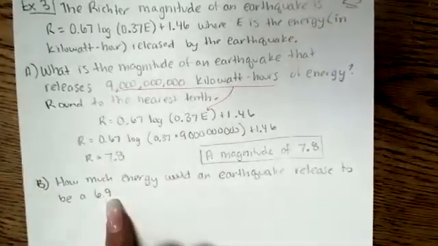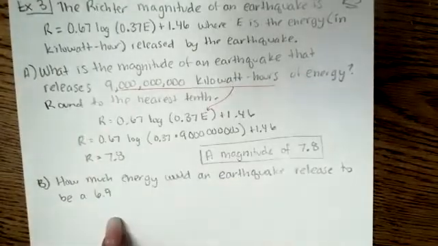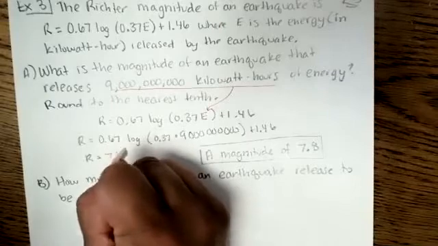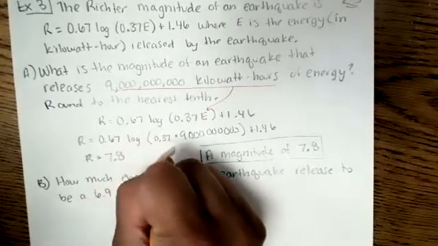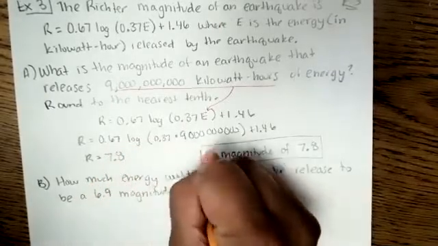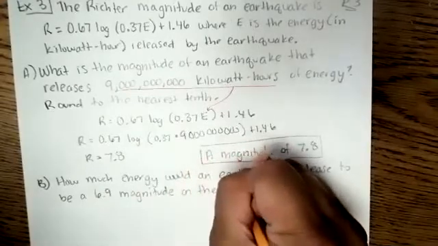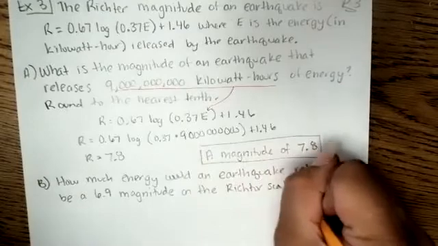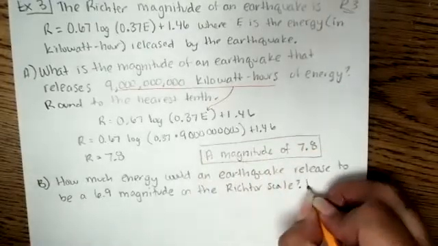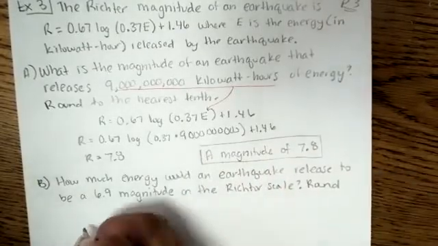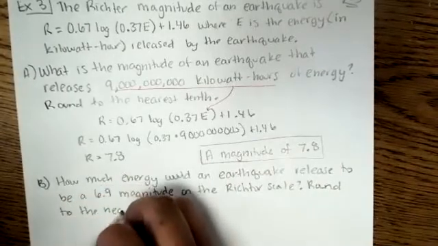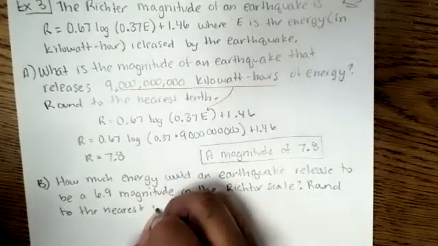So now I'm giving you what the answer should be. I'm giving you the R value here. Now this time we're going to round to the nearest whole number.